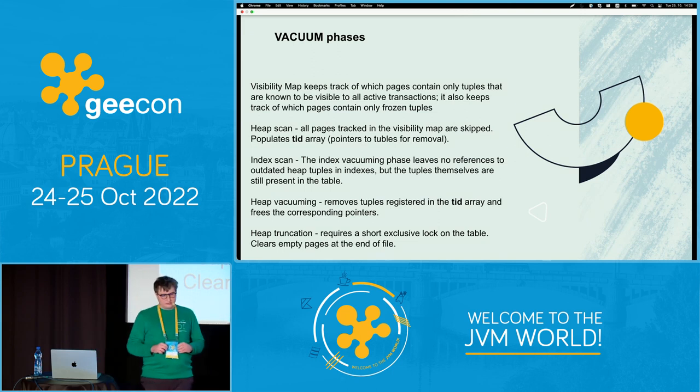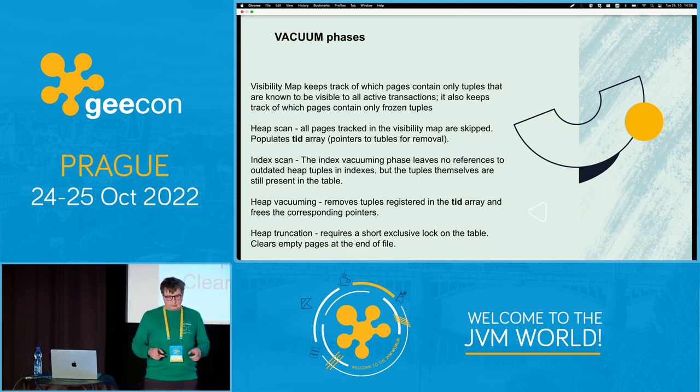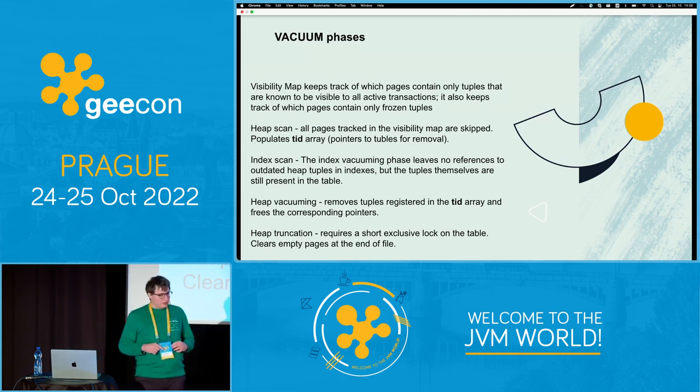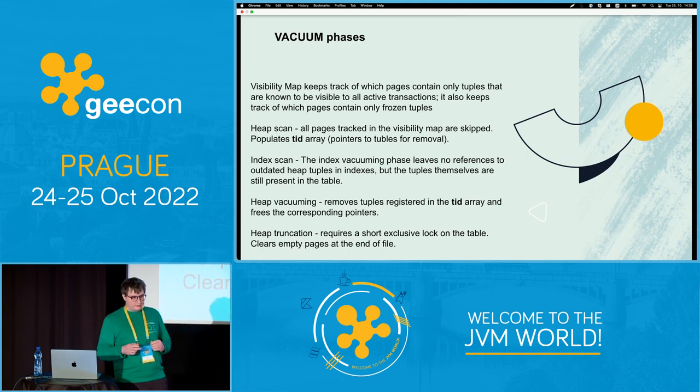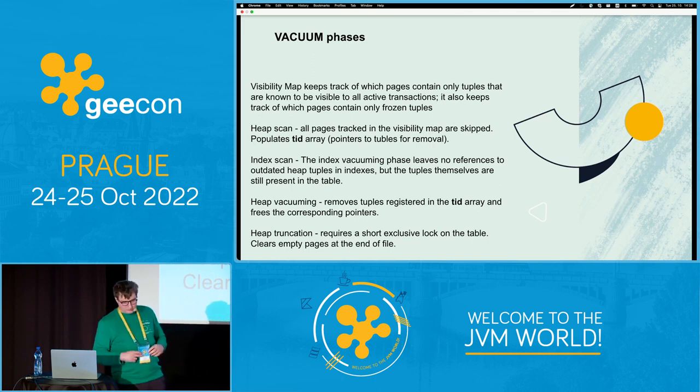After that comes heap vacuuming. Now you can remove the tuples that are in the TID array. And when you remove tuples from the pages, this space is not reclaimed back to your system. Instead, it could be used for new tuples in the future.